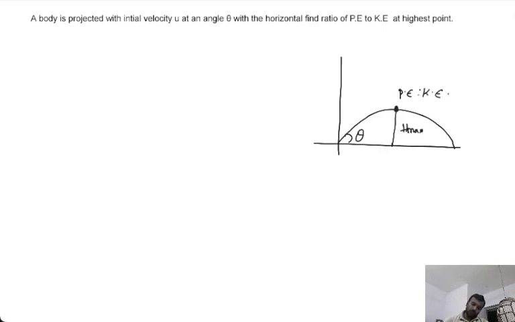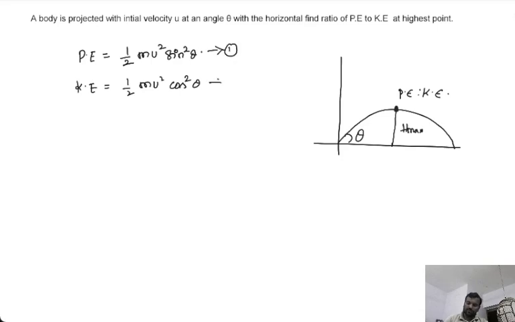We already know the formula: potential energy is equal to 1 by 2 m u squared sine squared theta. And the kinetic energy at the highest point is 1 by 2 m u squared cos squared theta. This is equation 1. This is equation 2.